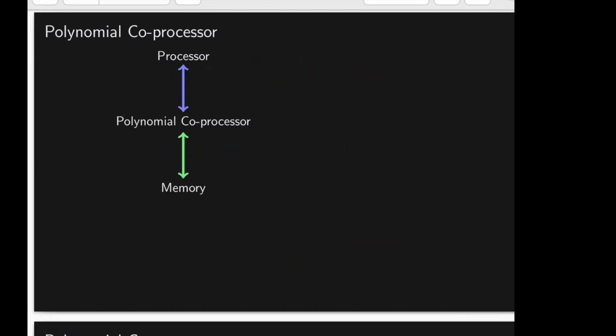And one way that you might go about integrating support for this is by having the processor talk to a polynomial coprocessor, and over this communication bus, they exchange polynomials. But then the polynomial coprocessor interacts with memory, and over this communication bus, they only exchange finite field elements.